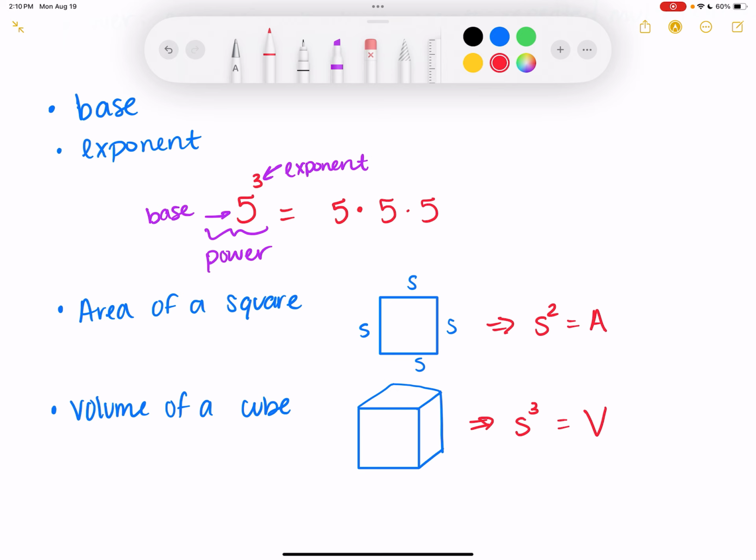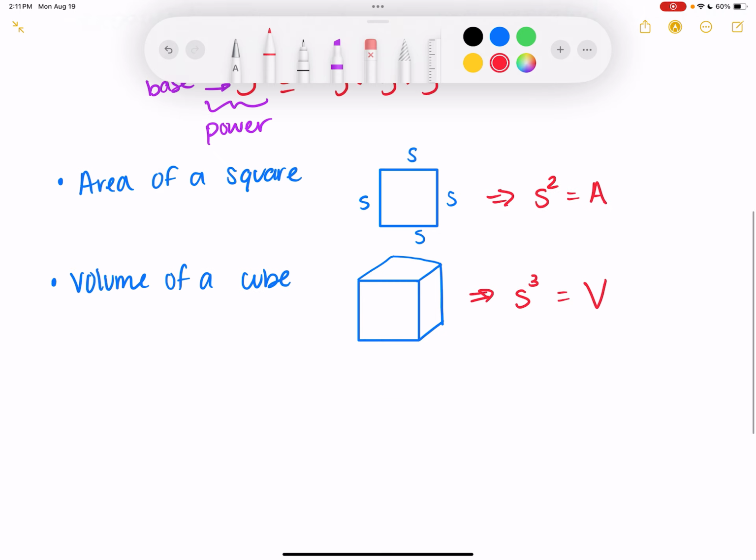So I'm going to do a couple examples out of the guided practice, and then I'm going to stop there for today. Tomorrow we'll pick up and actually do some homework examples from there. So the first one, evaluate the expression when y equals 2.